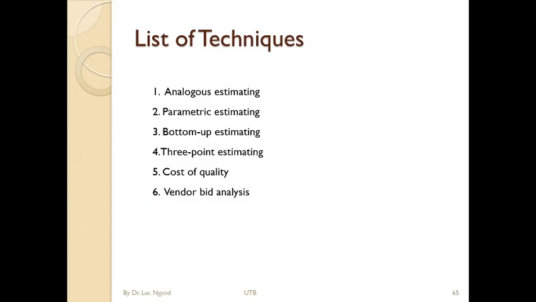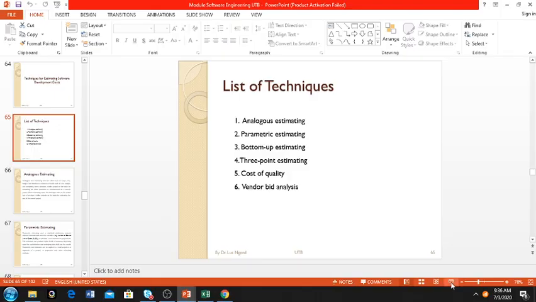We are going to talk about 6 techniques: analogous estimating, parametric estimating, bottom-up estimating, 3-point estimating, the cost of quality, and then vendor bid analysis. So these are the techniques that we are going to cover here.